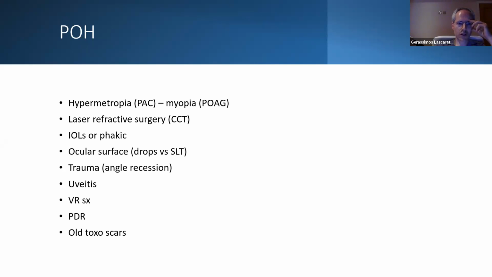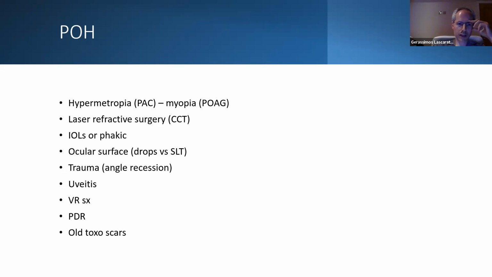The ocular surface is also relevant in deciding whether a patient would be more suitable, for example, for SLT or for eye drops. Obviously, SLT is less likely to aggravate the ocular surface long-term as compared to taking drops for life.